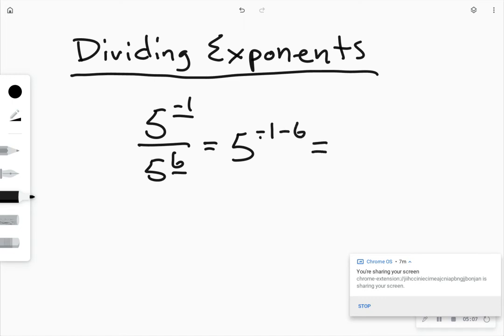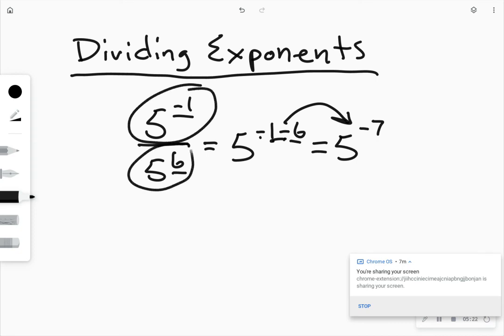Well, anytime I have same signs, I add the numbers and I keep the sign. So 6 and 1 is 7, and I keep the sign. So 5 to the negative 1 over 5 to the 6 is 5 to the negative 1 minus 6, which eventually is 5 to the negative 7.